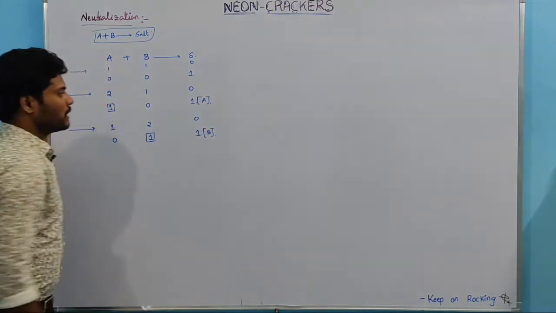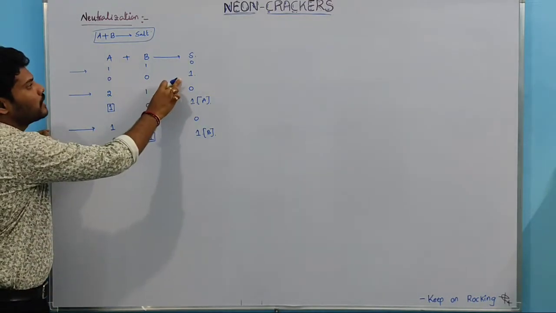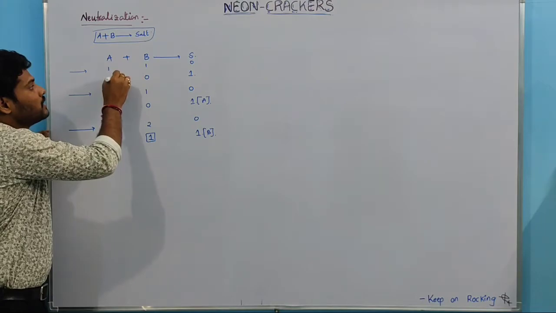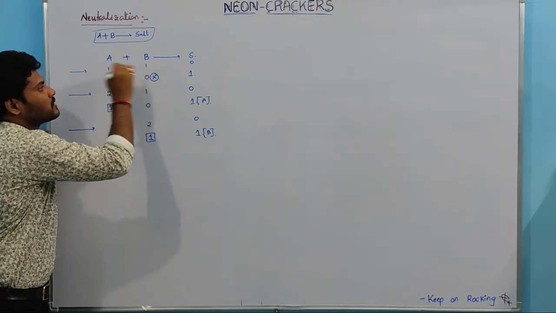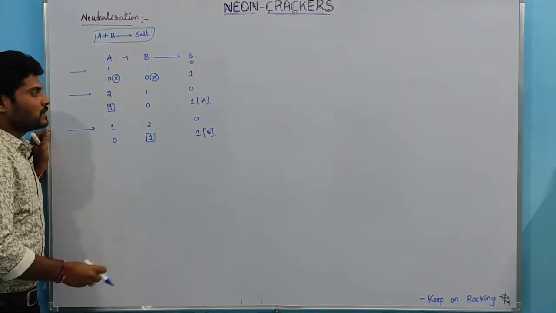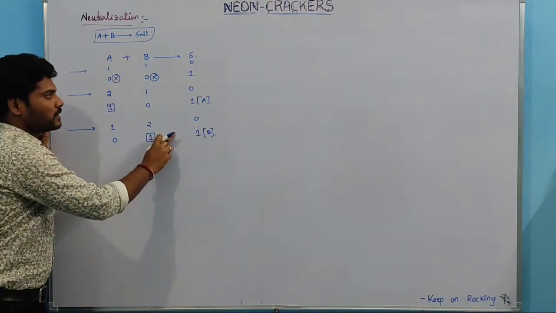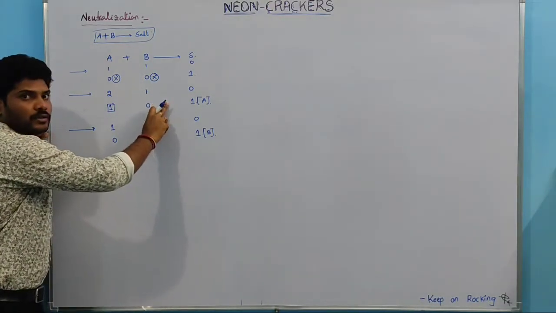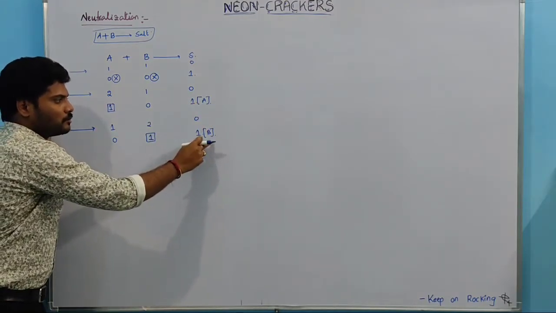It is also not called complete neutralization. It is complete neutralization only if there is no excess H plus ion and no excess OH minus ion between acid and base. Neither of the last two cases is complete neutralization. One mixture has acidic nature, the other has basic nature.